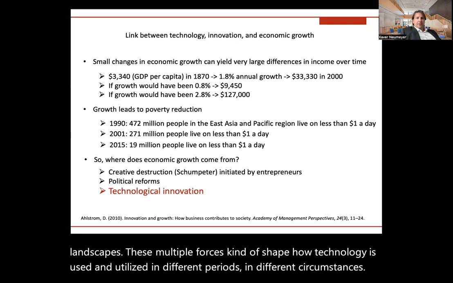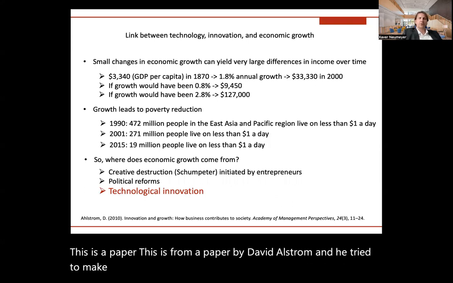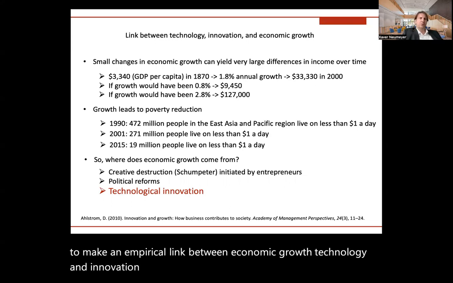This is from a paper by David Ahlstrom, and he tried to make an empirical link between economic growth, technology, and innovation. And what he tried to demonstrate is that there's a very strong link between them, right?